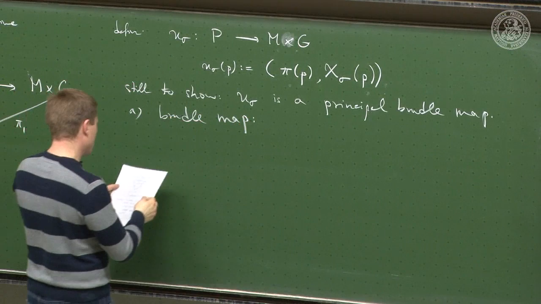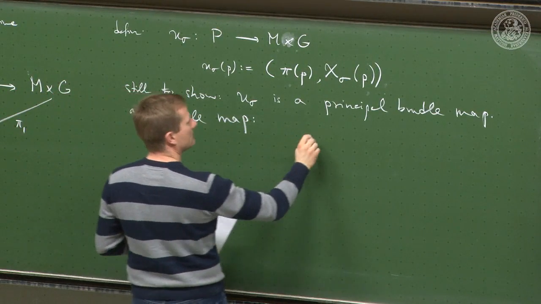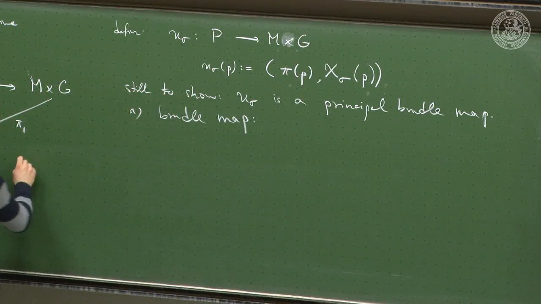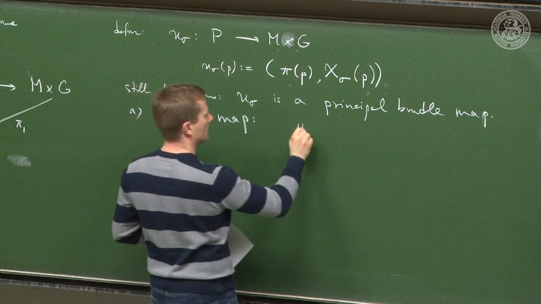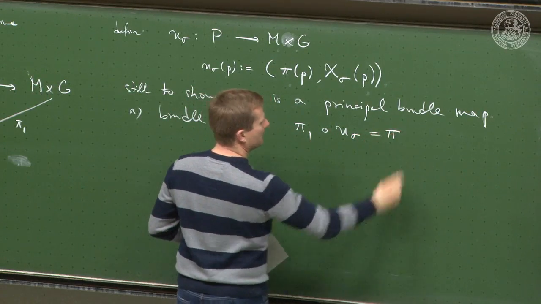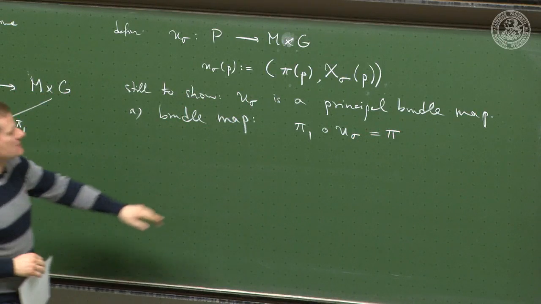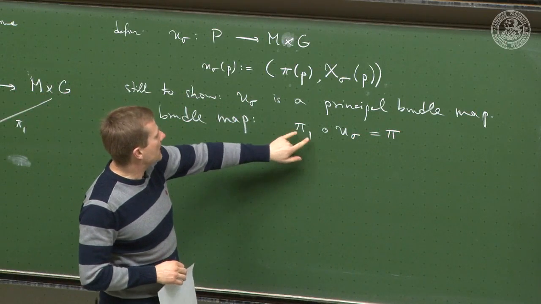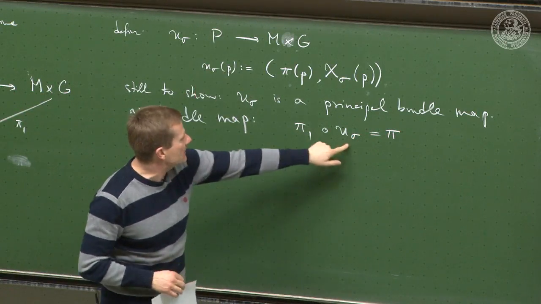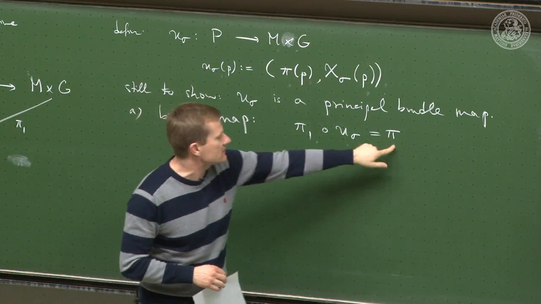For a bundle map, we need to check that pi 1 after this U sigma has the same effect as the pi. You remember? Down here, that's the bundle map business. But this is obvious because with pi 1, I first apply the sigma, and then the pi 1 projects out just this part, but that's of course the action of the pi.